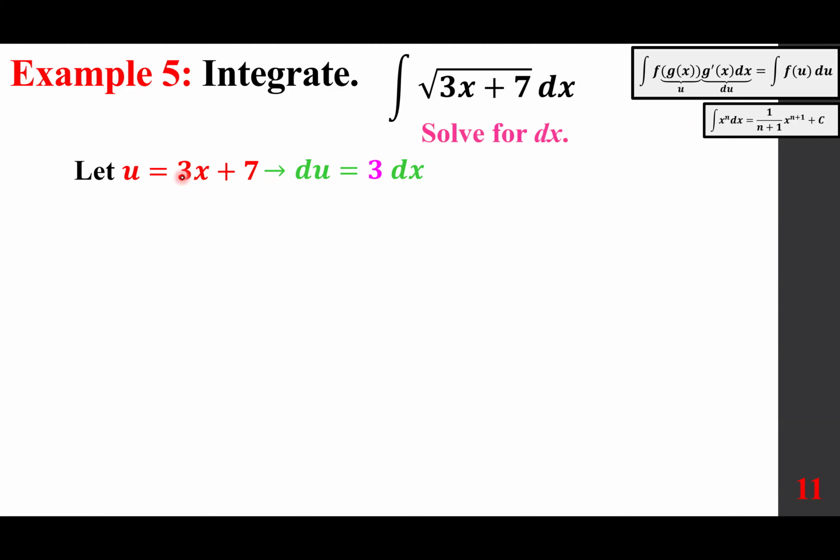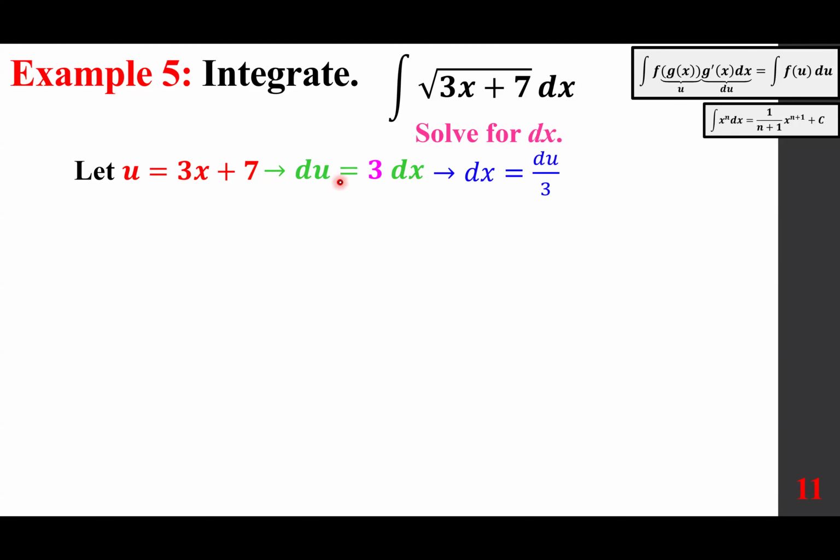We're going to solve for dx. We're going to do it by the method that your book does, just because it really doesn't make that much of a difference. So I want to show you both methods. And that's not the method I use. Dx is du divided by 3.